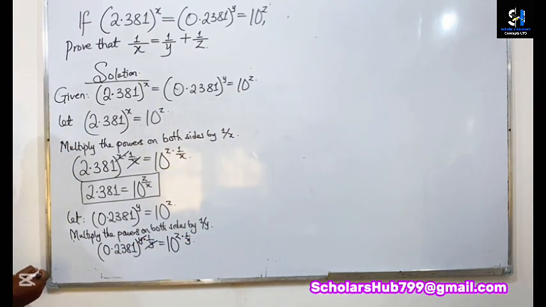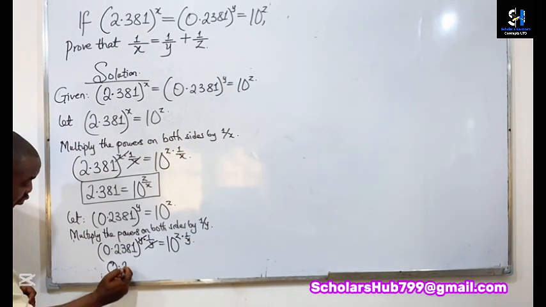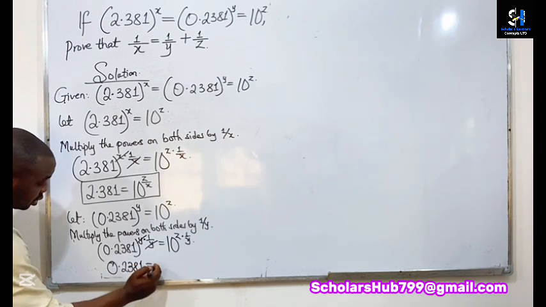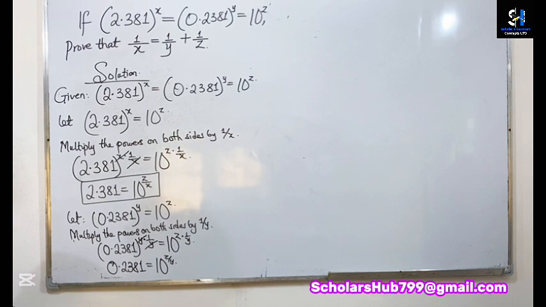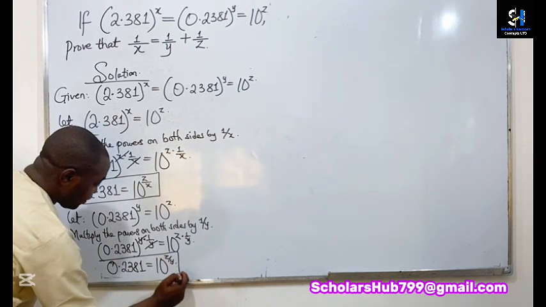So this y will cancel this y, and this becomes 0.2381 equals 10 to the power of z over y. So now I'm going to box this again.